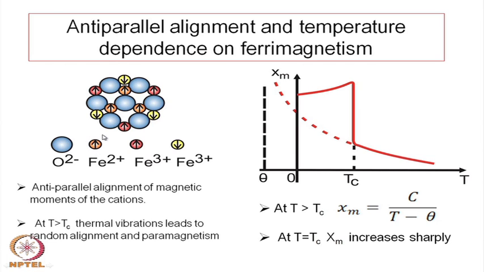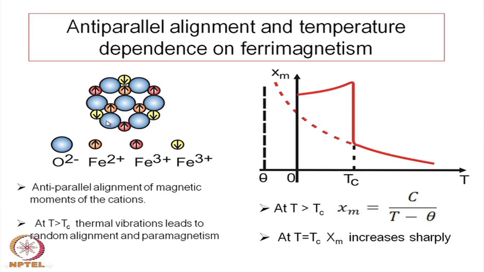All the octahedral sites, this one, this one, this one, are pointing upwards, whereas the tetrahedral sites are pointing downwards. Among the octahedral sites, some of them are Fe2+ ions and others are Fe3+ ions. That is what we call the antiparallel ordering, and of course, the blue ones are oxygen ions.